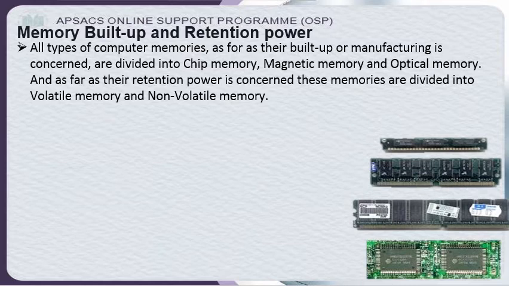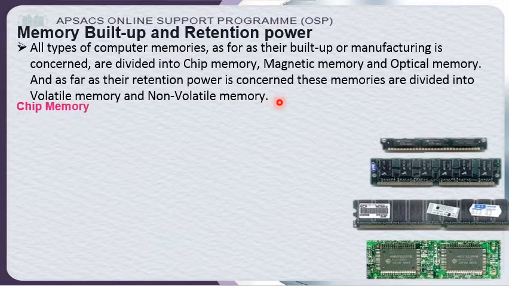So all types of memories inside a computer, as far as their manufacturing is concerned, are divided into chip memory, magnetic memory and optical memory. But whenever we categorize these memories depending on retention power, they are divided into two more types: one is volatile memory and another one is non-volatile memory.